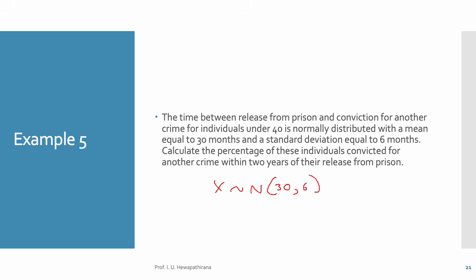So what is the probability of a person doing another crime after being released from prison within 2 years? That means, 2 years in terms of months is 24. What is the probability that capital X, this time, is less than 24? So this is what is being asked in the question.